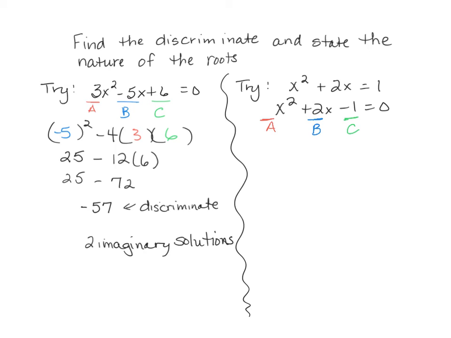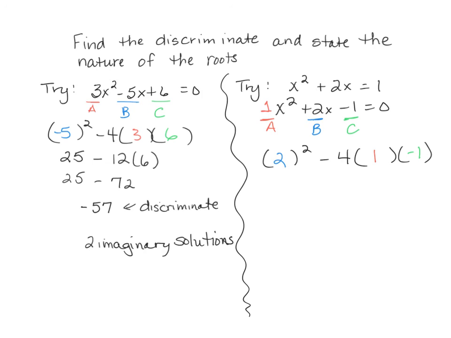Plug it into my equation. It's b squared minus 4ac. So my b is 2. My a is 1. Remember, there's always an imaginary 1 there if we don't see it. And my c is negative 1. Remember to take that sign in front of them.